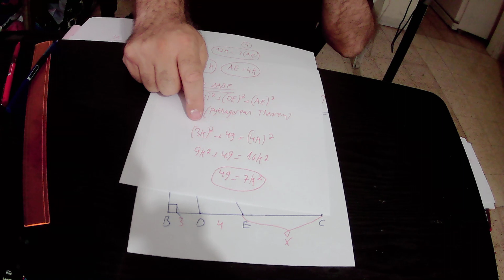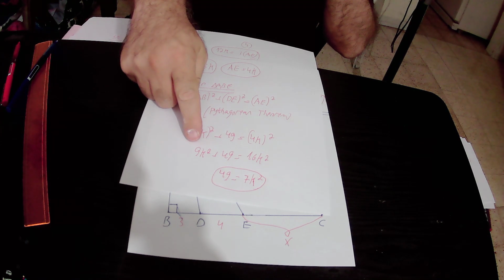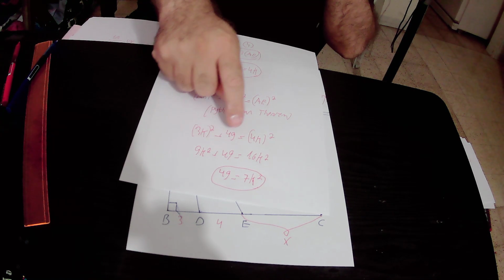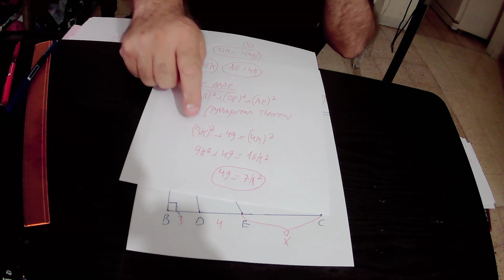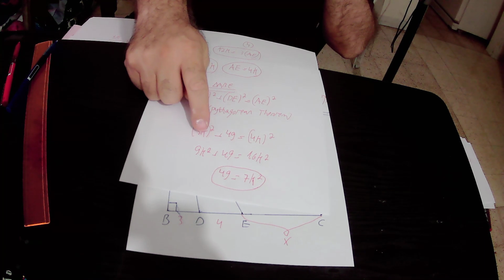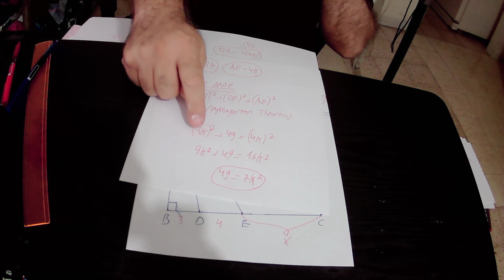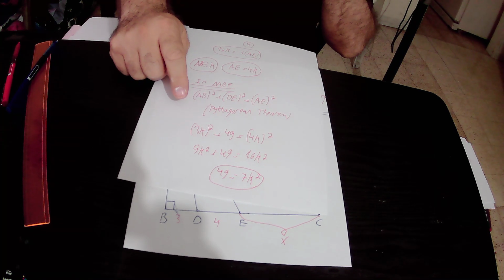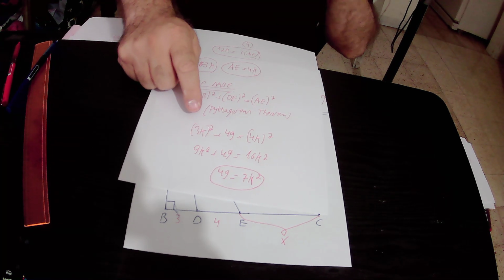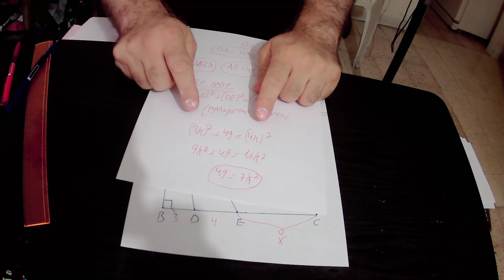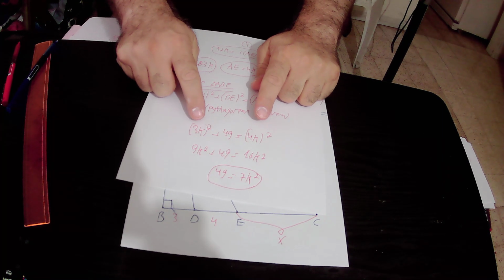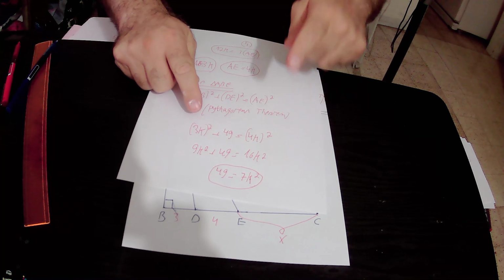Here 3K square equals 9K square, plus 49 equals 16K square. We subtracted 9K square, and we got that 49 equals 7K square.